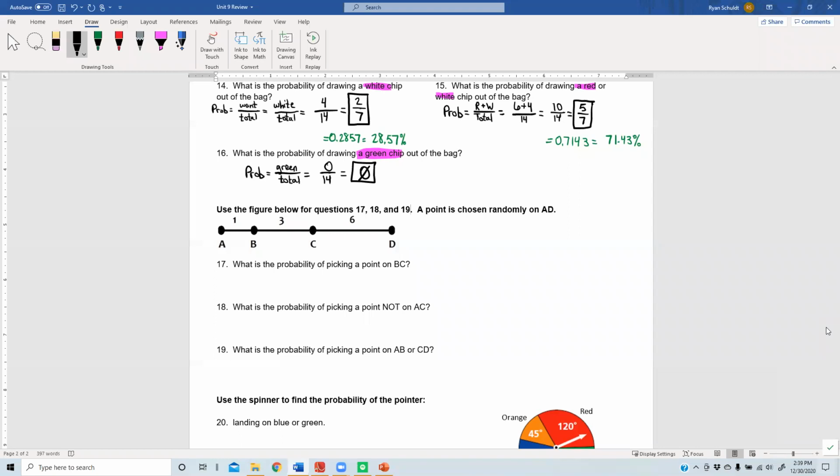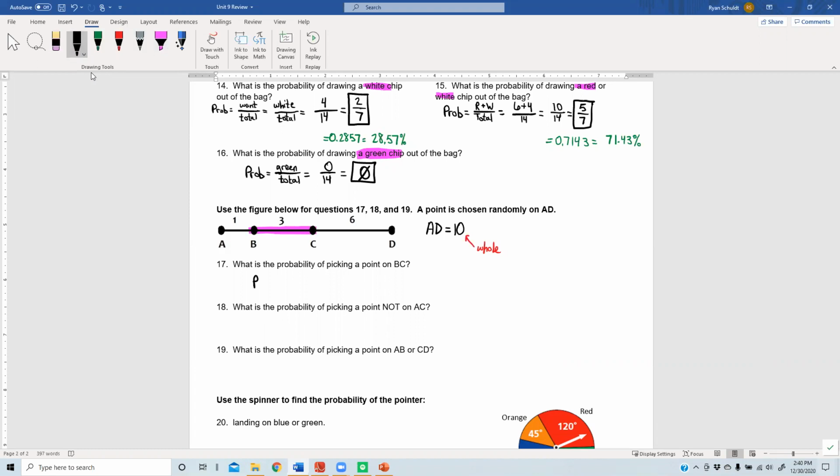So well, first, what is the total length of AD? So AD, you add up 1 plus 3 plus 6, that whole thing is 10. So this is our whole amount. That's the whole shebang. They want us to pick a point on BC for number 17. BC, there we go.